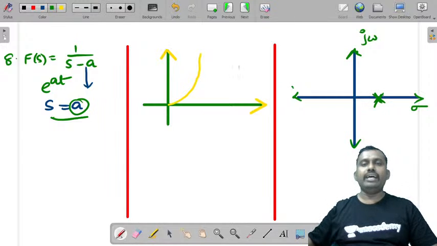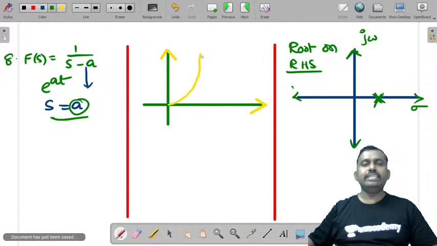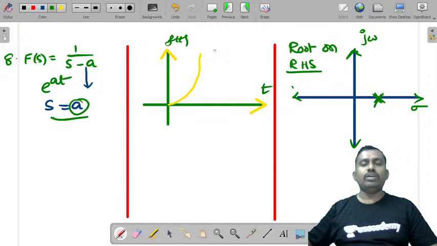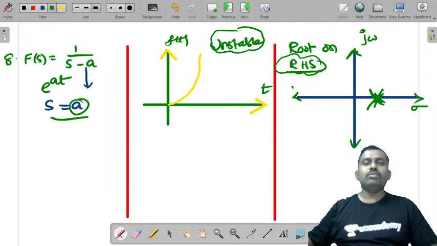So whenever you have a root on the right half of the s plane, because this is an increasing function, f of t versus t, it is not bounded, so this is an unstable system. You can say whenever the root is on the right half of the s plane, the system is unstable because it is giving me a response like this.